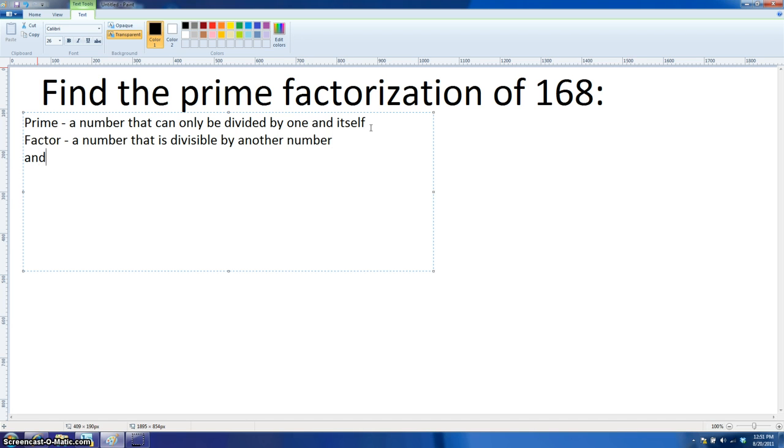And factors are two numbers that can be multiplied together to get a number.